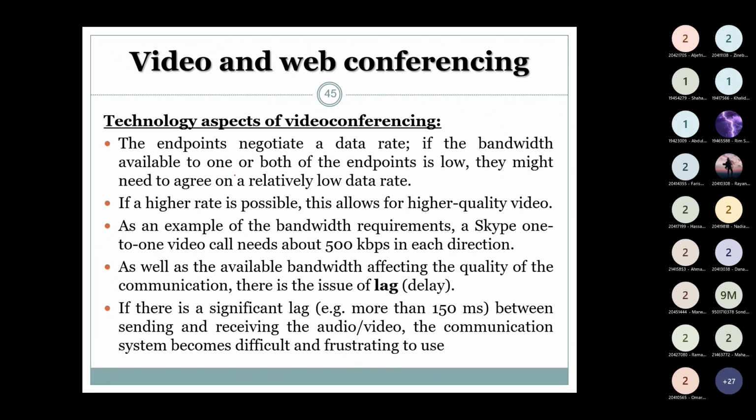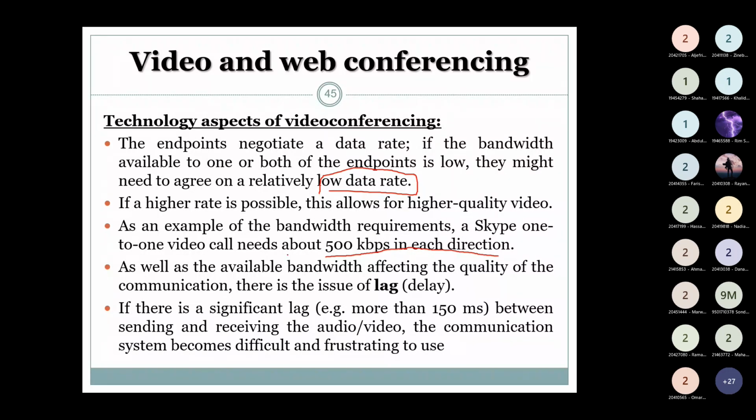If the bandwidth available to one or both of the endpoints is low, they may need to agree on a relatively low data rate. If a higher rate is possible, this allows for higher quality video. An example of the bandwidth requirements is that a Skype one-to-one video call needs about 500 kilobits per second in each direction.